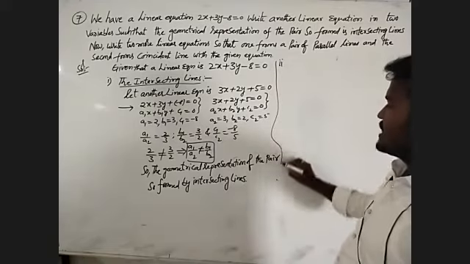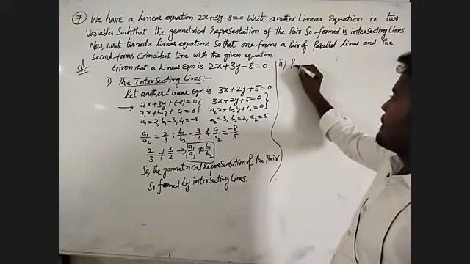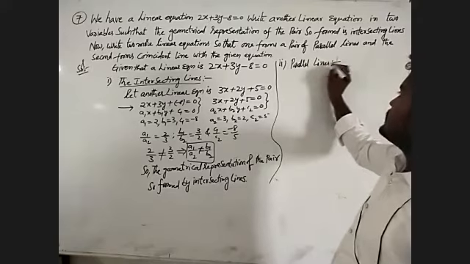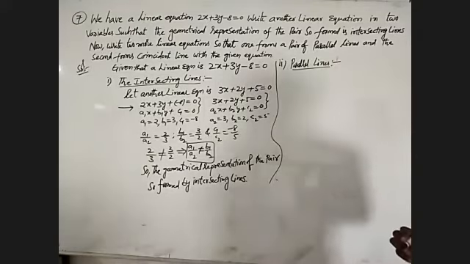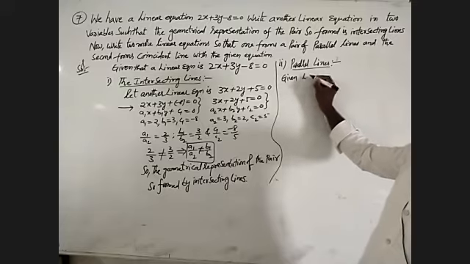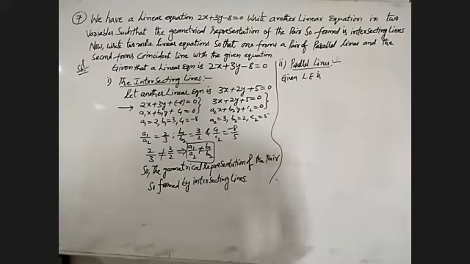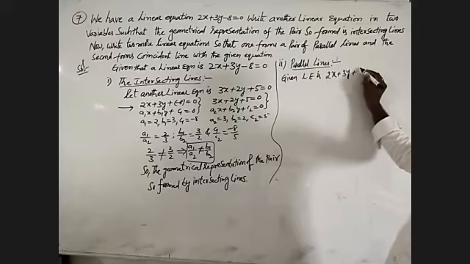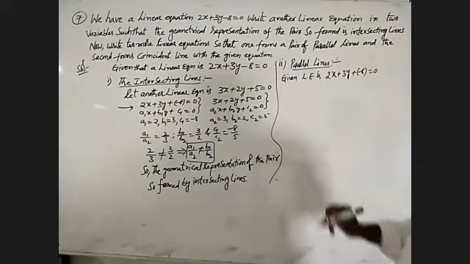That is how to take the second condition, parallel lines. If we take one linear equation, the given linear equation is 2x plus 3y minus 8 becomes 0.